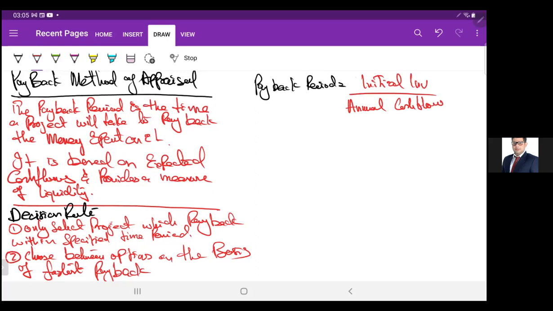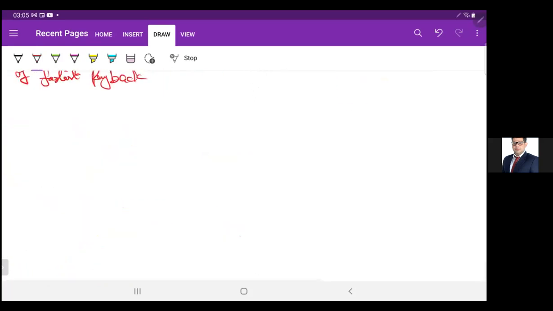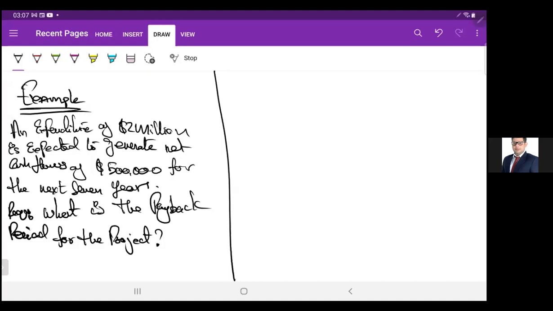Now let us do the examples related to it. And here is the example. An expenditure of $2 million is expected to generate net cash flows of $500,000 for the next 7 years. The requirement is, what is the payback period for the project?